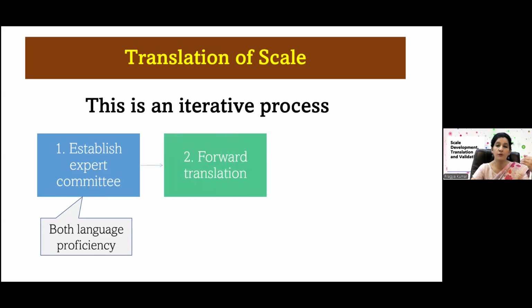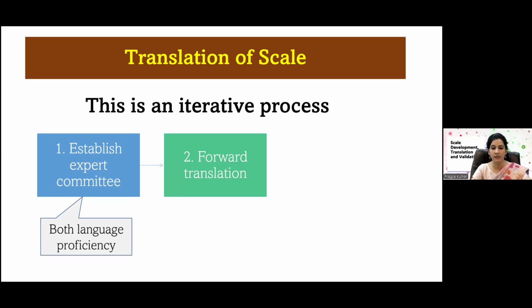The next step is your forward translation, which you people did. So we divided. Can you recall the group activity which you people did? I will just show you the result of that activity. There is one person who is a language expert. We usually give the English part to him and ask him to do the forward translation, from English to the local language.